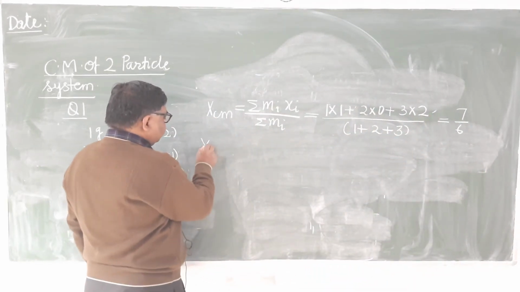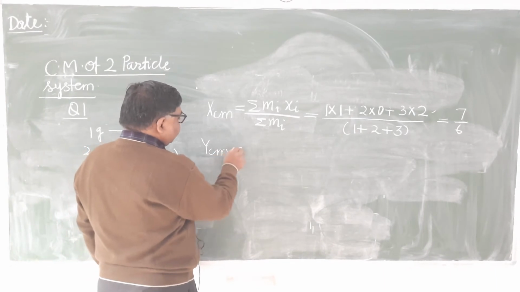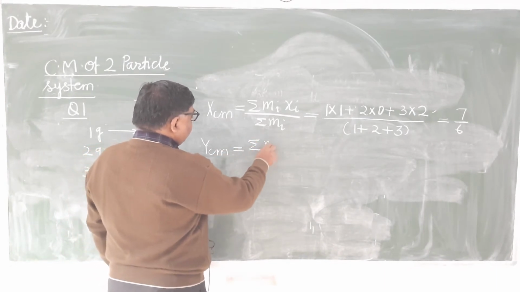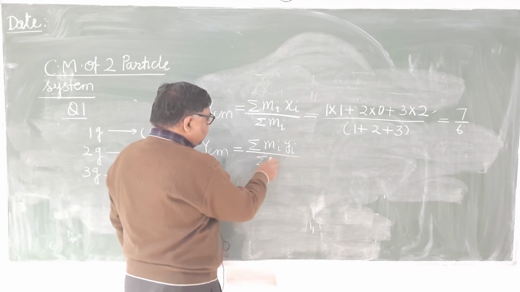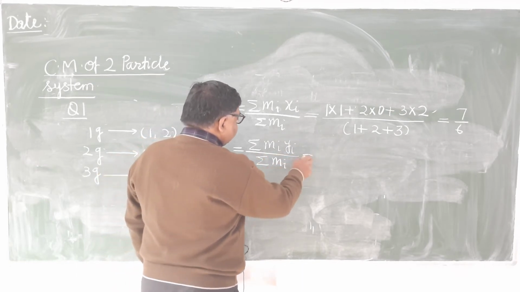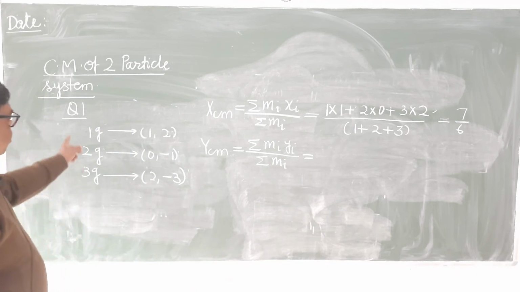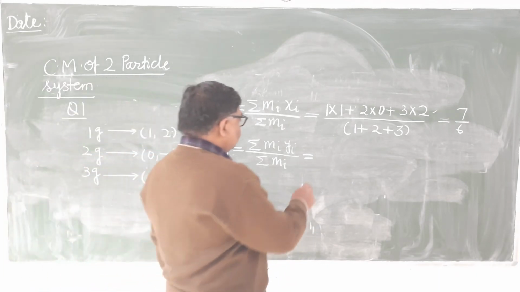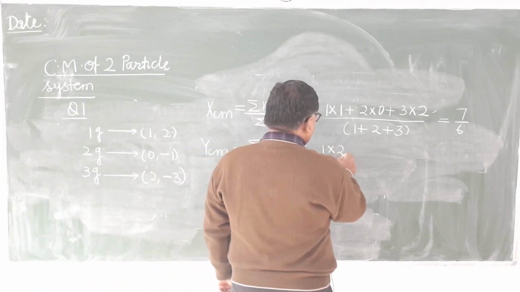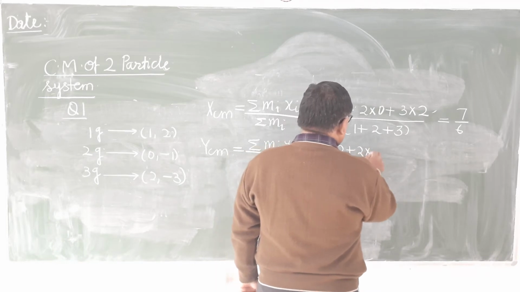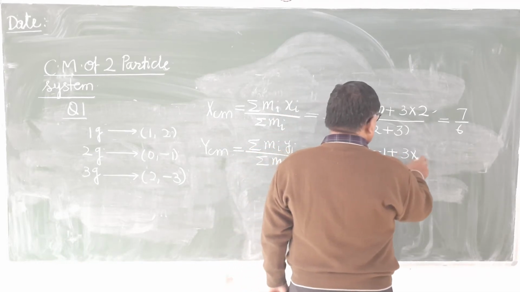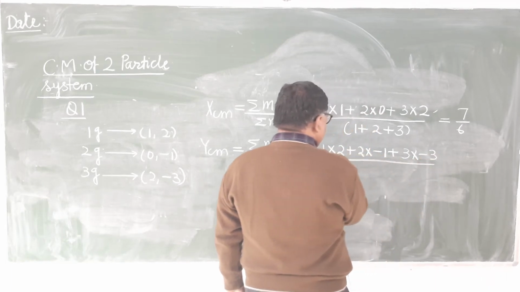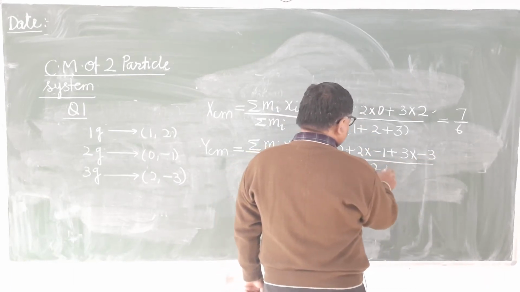Then YCM in the same way: sigma mi yi upon sigma mi. Similarly, you can calculate 1 into 2 plus 2 into -1 and plus 3 into -3, divided by 1 plus 2 plus 3.